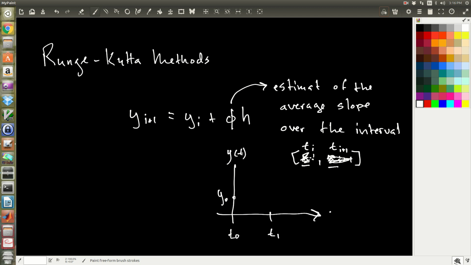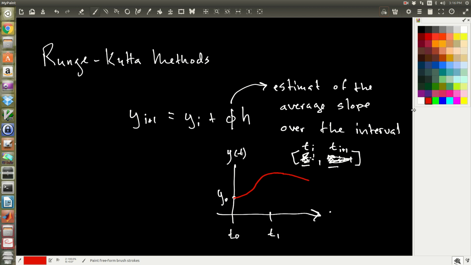And maybe our function looks something like this. And so the average slope over this interval would be the line drawn between these 2 points. The slope of this line would be the average slope. So maybe draw this curve a little bit better with a little bit more curvature to it, something like this.